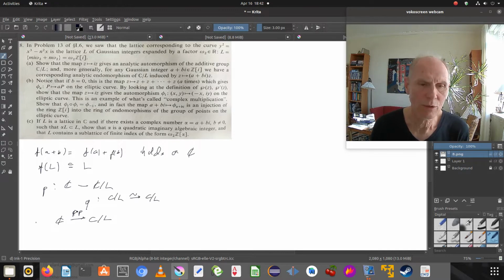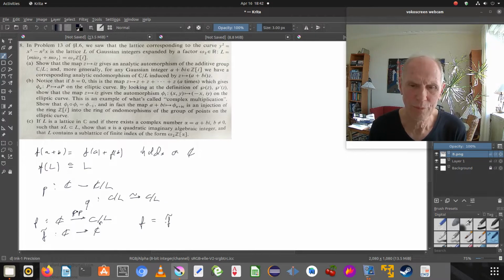Now let's call it F, a map F tilde of C into C, so that F equals F tilde and then the projection.